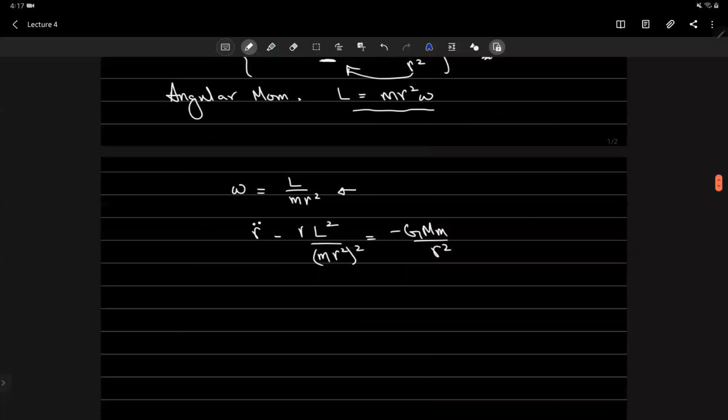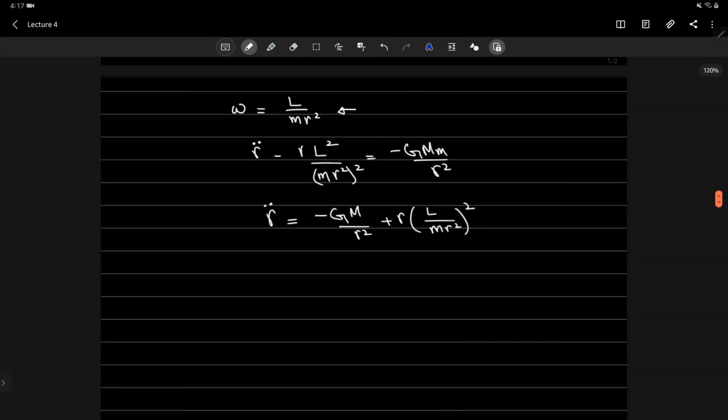Now what I can do is, well, move things around, and I can write r double dot is equal to minus gm over r squared plus r times L over m r squared whole squared. And now let's just simplify this a bit more. Minus gm over r squared plus L squared over m squared, or r power 4 होगी, but it would cancel out with this one, so we would be left with r cube, right?